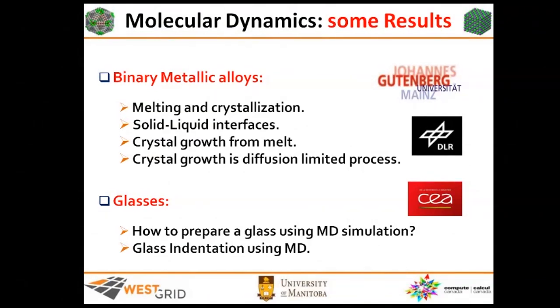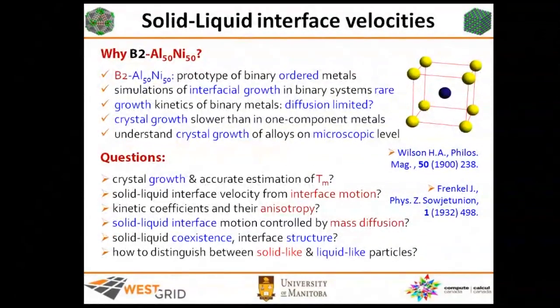For this aluminum nickel system, we use the embedded atom potential. We used the Verlet algorithm with a time step on the order of 1 femtosecond. We ran simulations at constant pressure, using periodic boundary conditions in all directions.